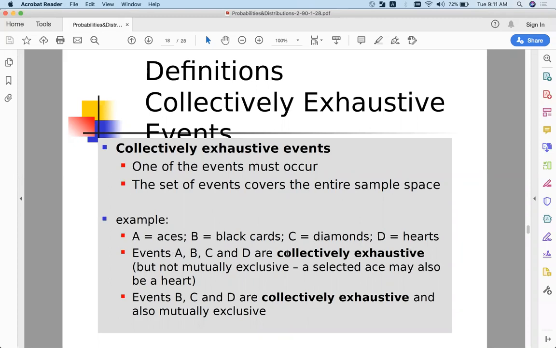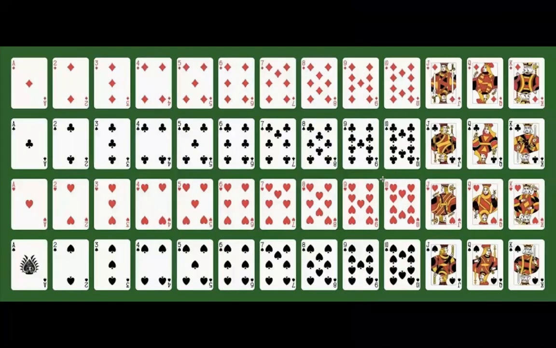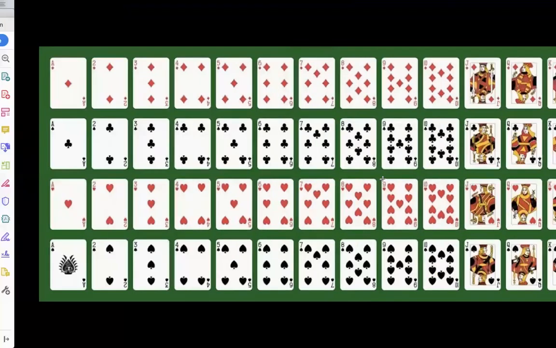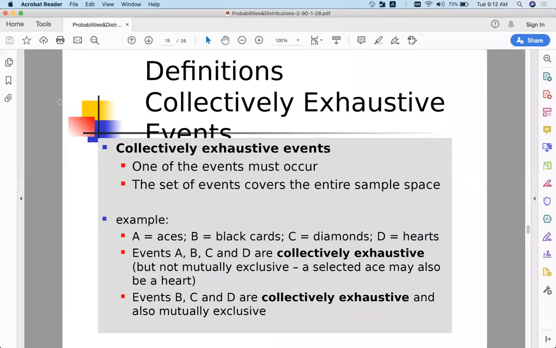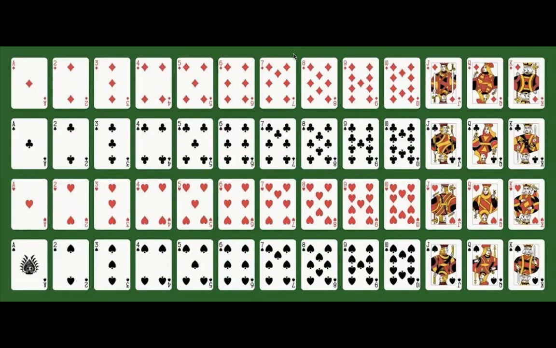Let me explain what collectively exhaustive means. What is the first event? Ace. So I keep all of these cards here.